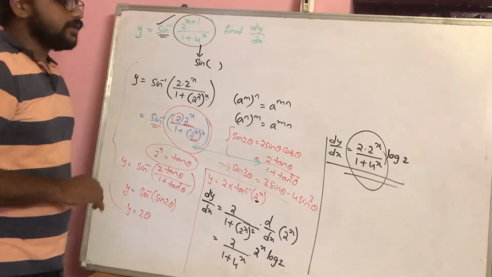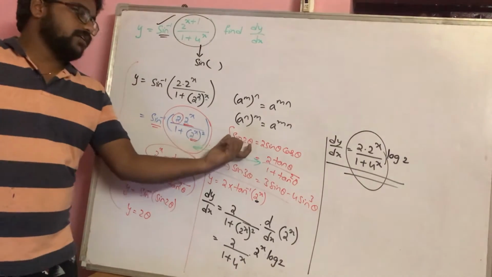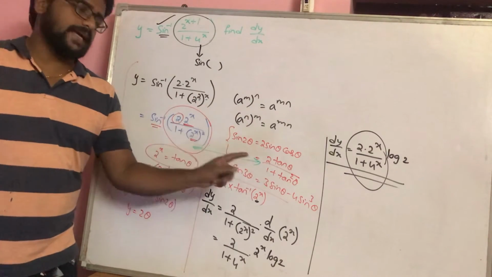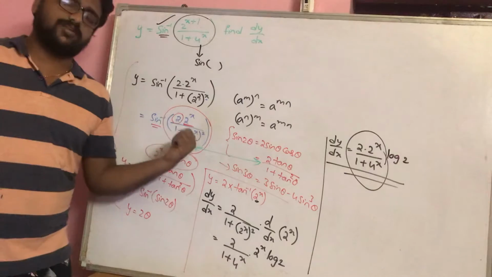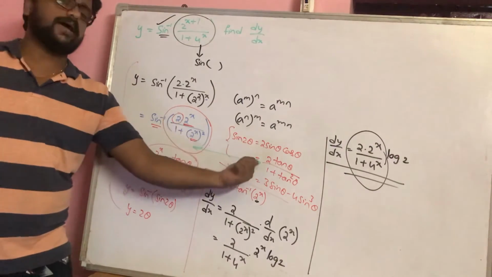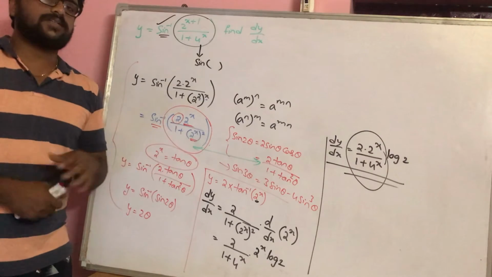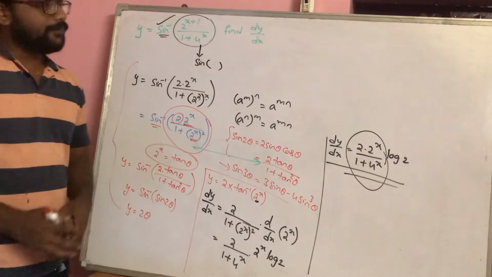The only part is, among the trigonometric formulations, which formulation exactly resembles the given question. This is the logic you have to get. Once you understand this part, you will get the answer in the next step itself, right?